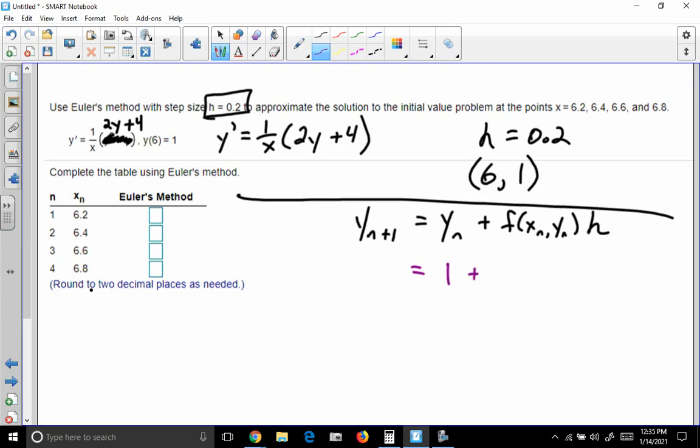And if we want the slope at that first point, we put a 6 for x, and we put a 1 for y. So in parentheses, we get 6 over 6, so we get a slope of 1, and our h is 0.2. So we end up with 1 plus 0.2, so that gets us to 1.2.